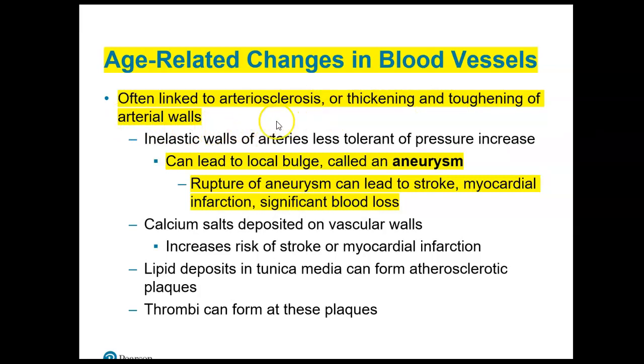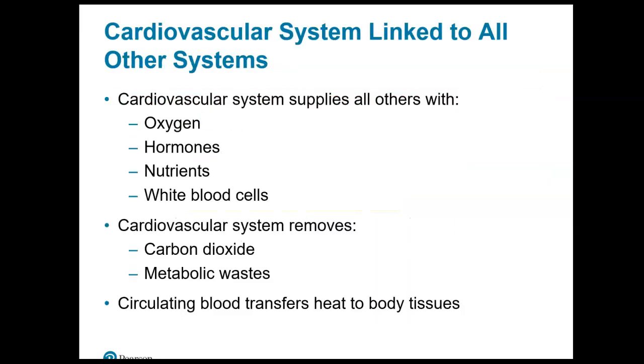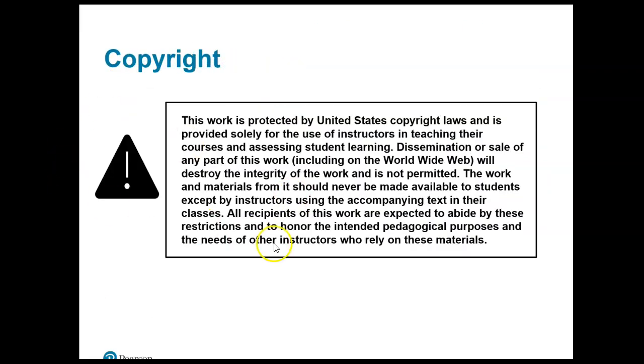So they're related. And this can lead to a local bulge called an aneurysm. Rupture of an aneurysm could lead to stroke, myocardial infarction, or heart attack, and then significant blood loss. And that is it for the cardiovascular system.